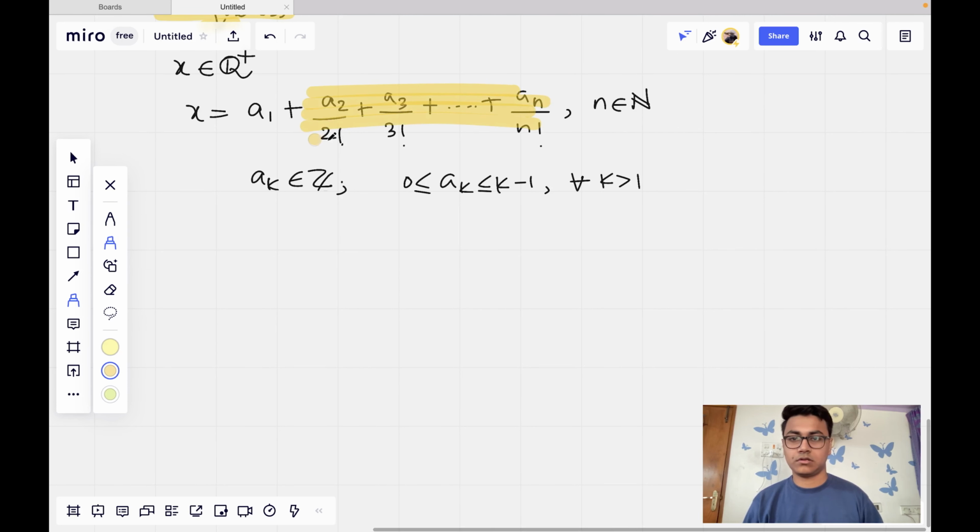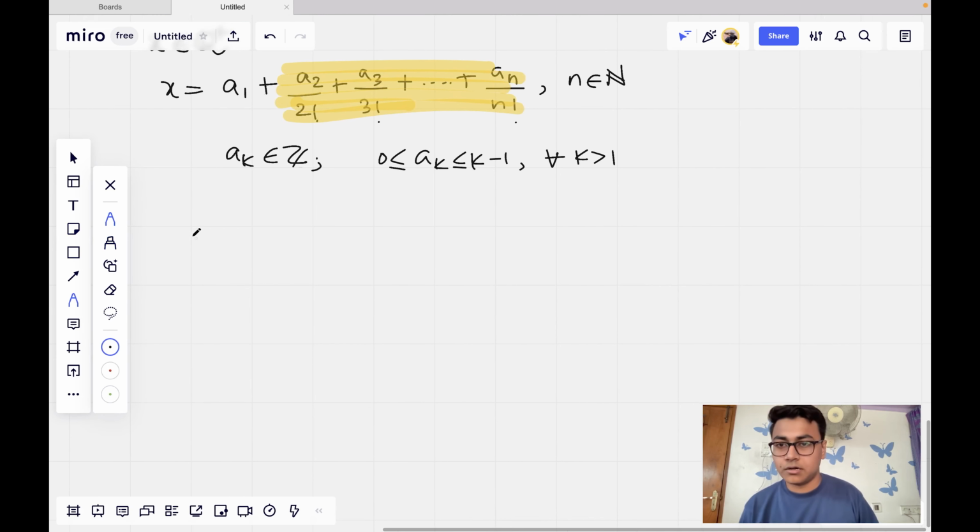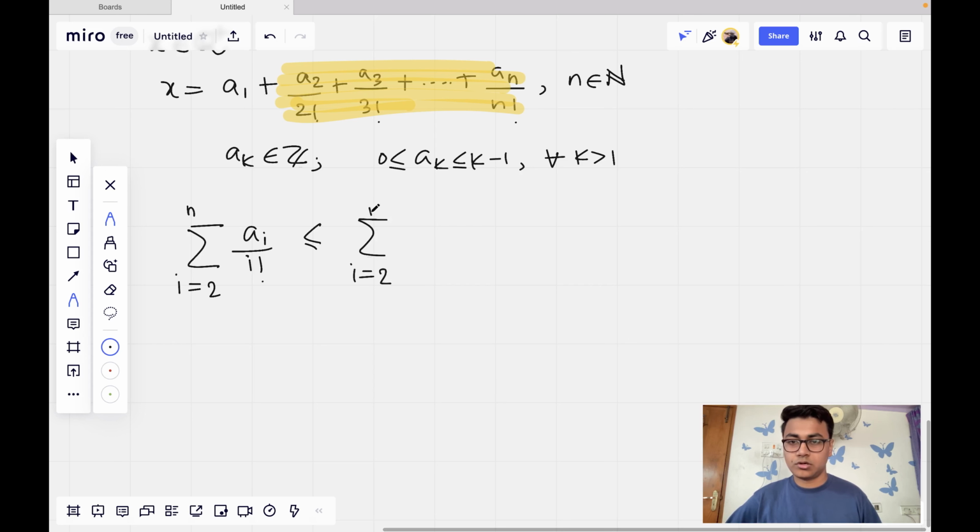This part is just the summation i equals 2 to n of ai over i factorial. Each of these ai's is less than or equal to i minus 1. So this is less than or equal to the summation i equals 2 to n of i minus 1 over i factorial.